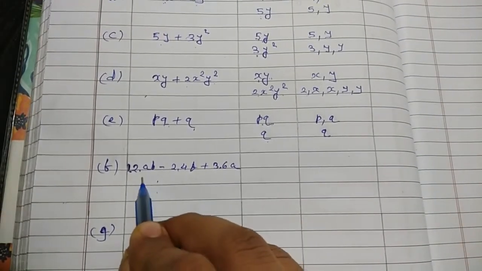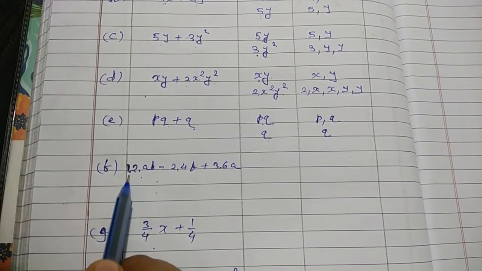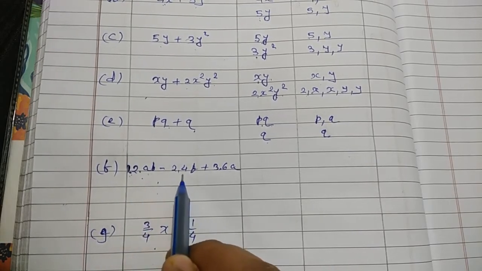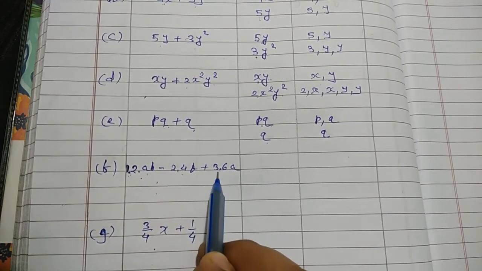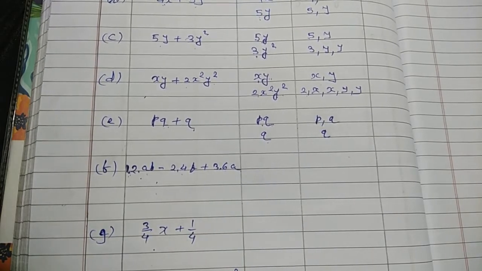Next, in this expression it is given 1.2ab minus 2.4b plus 3.6a. So here how many terms are there?